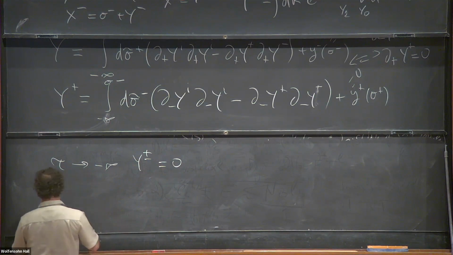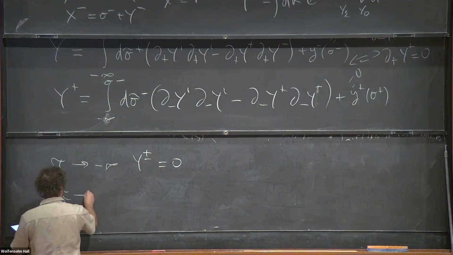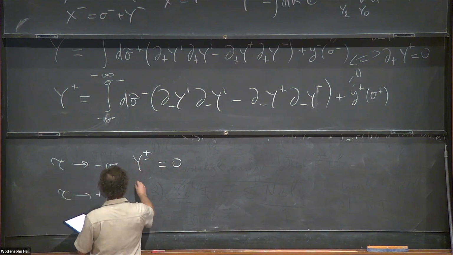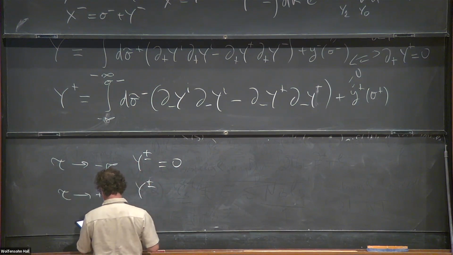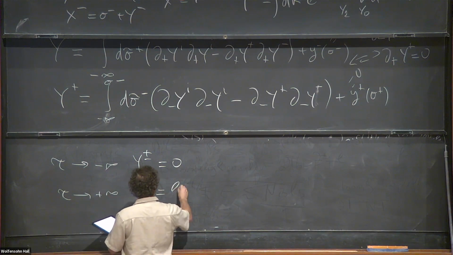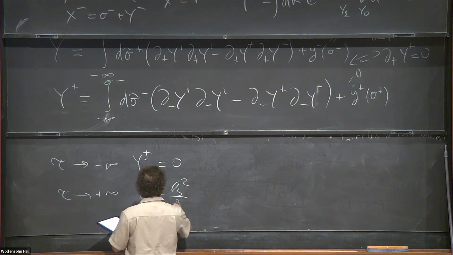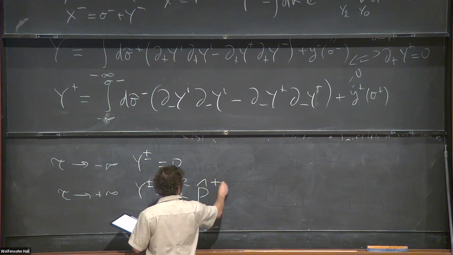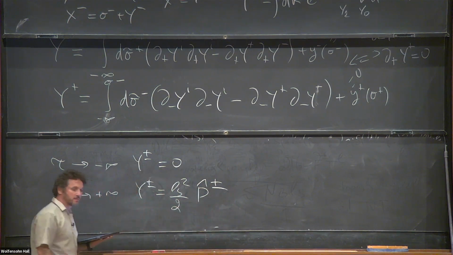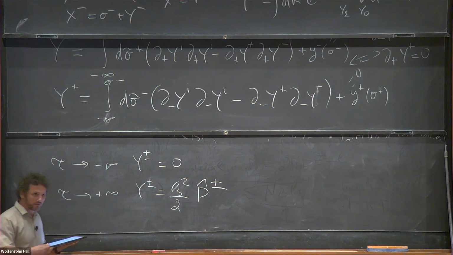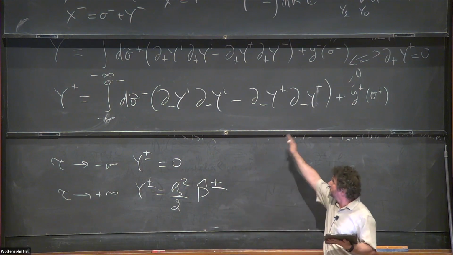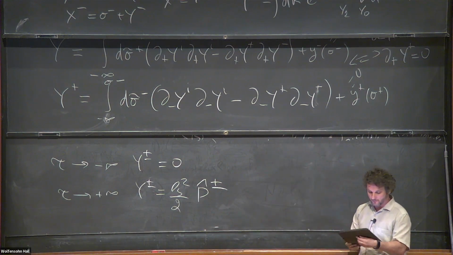And on the other hand, as tau goes to plus infinity, y plus minus become, if one recalls the correct normalization, just the momenta, p plus and p minus momenta of my physical modes of yi's.